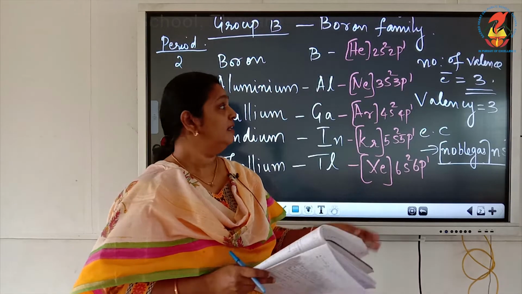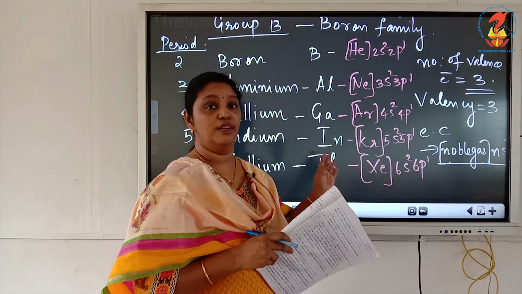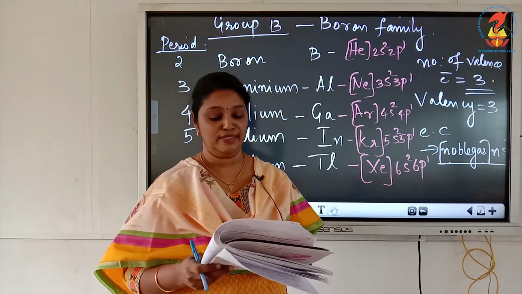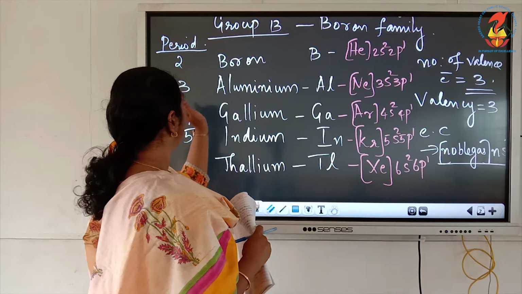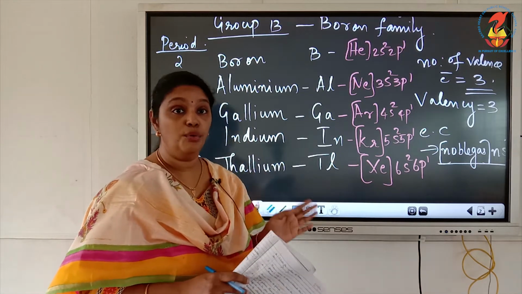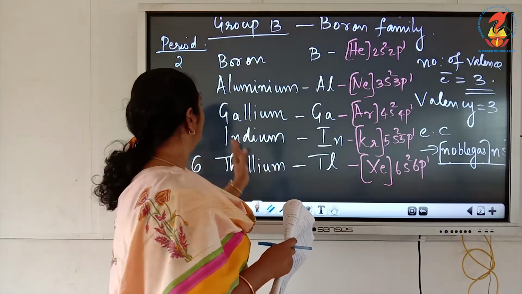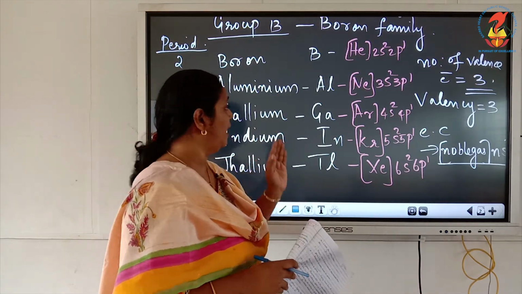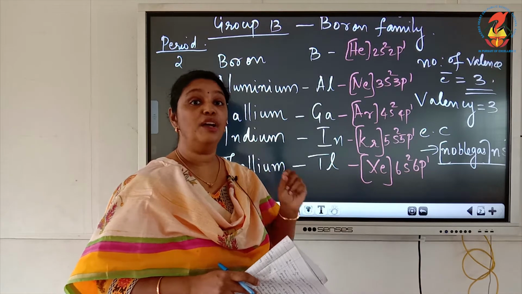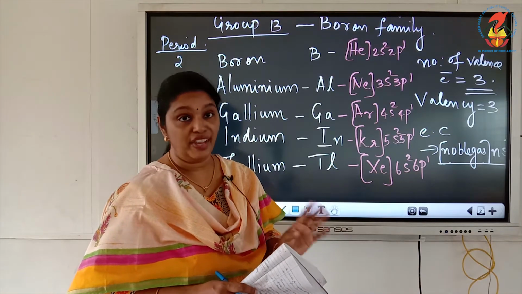So this is the outer electronic configuration of group 13 elements. Now we know that boron has no d orbital. It is not present in boron, whereas aluminium is in the third period, and the 3d orbital is present but it is vacant.